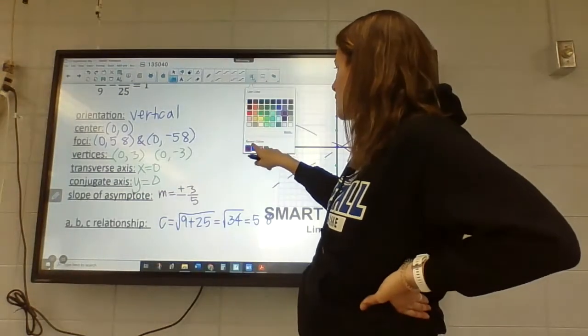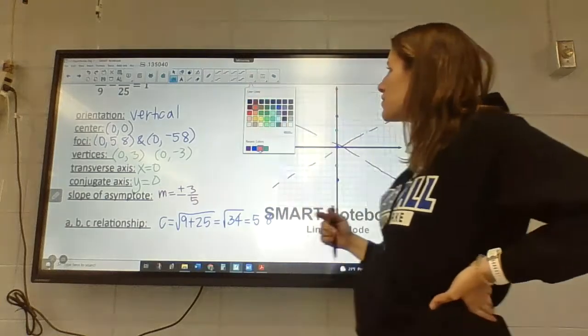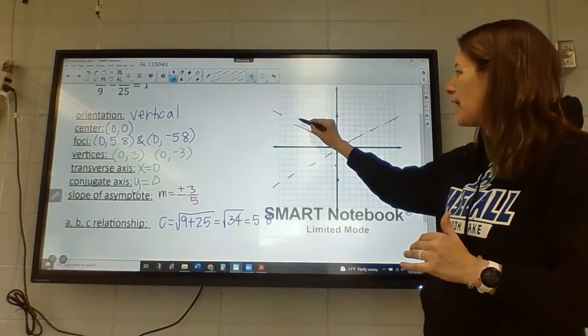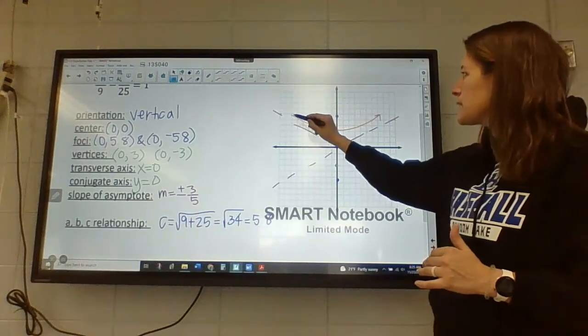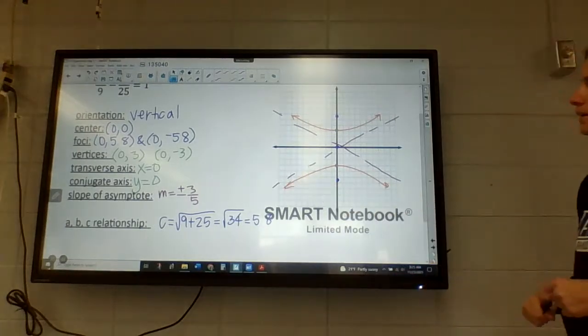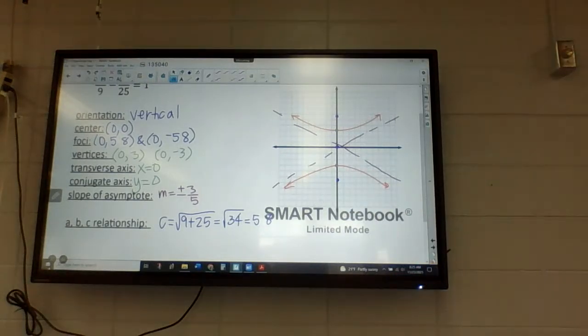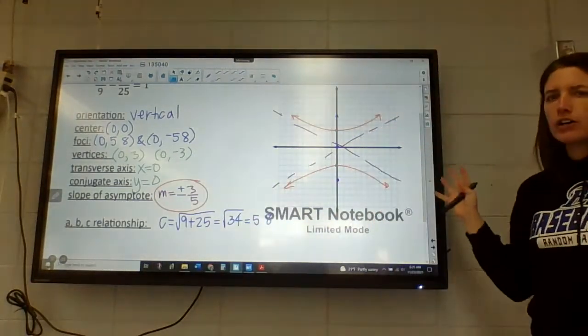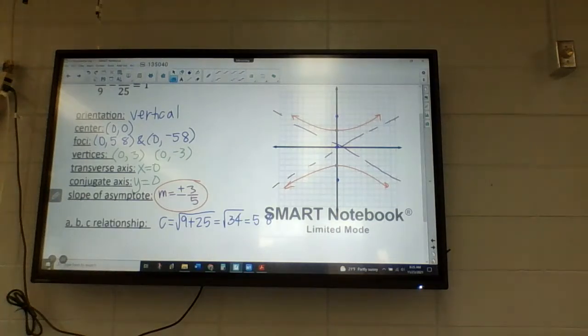So what we're going to do now is draw our hyperbola, which basically looks like a parabola, but we use those boundary lines to tell us if it's a little bit wider or skinnier. And the orange is what we're really hoping for here. This 3/5 shows us that this would be a wider graph, and we'll talk about that as it comes up. But if you get everything else down, I don't think that part is a big deal.